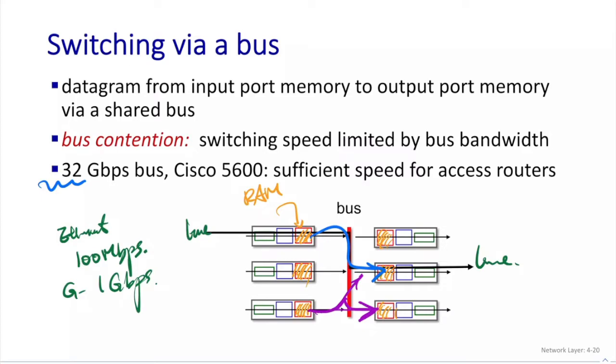But there's still one limitation, one shortcoming: when the blue packet uses the bus to forward a packet from its input port to its output port, the purple one cannot access the bus, because the bus can only serve one I/O device.